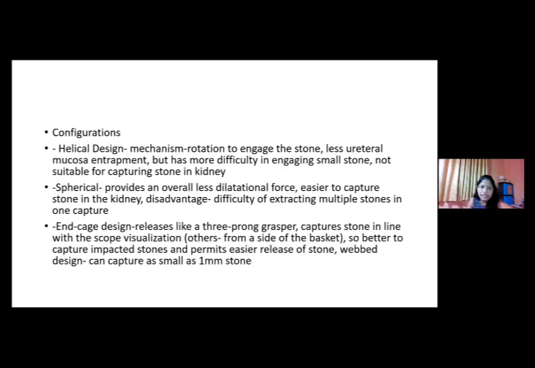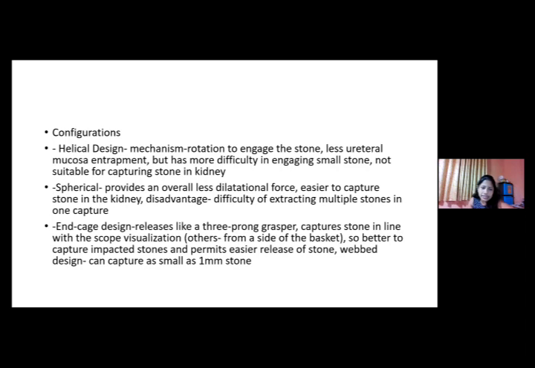The helical design has a stainless steel tip, so it is not to be used in pelvic stone removal, but its advantage is that it causes less ureteric mucosal entrapment, though it has more difficulty engaging small stones. The spherical ones have good dilatational force, so it is easier to capture stones in the kidney, but we can't extract multiple stones at once.